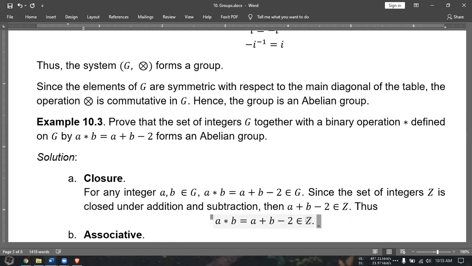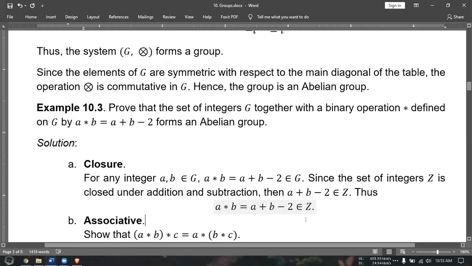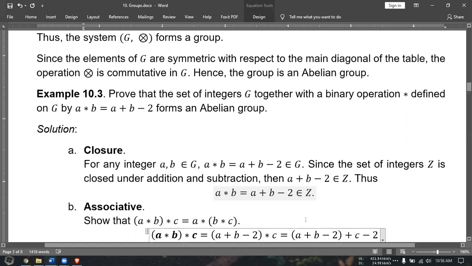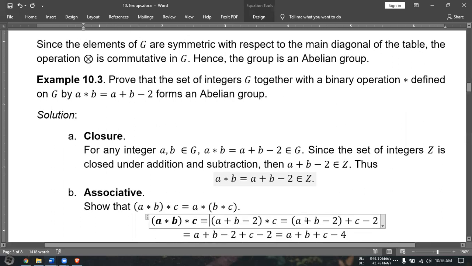And the next, associativity. Associativity: show that (A star B) star C is equivalent to A star (B star C), using the definition of the binary operation, for any integers A, B, and C. Okay, for the left side of the equation, test natin.